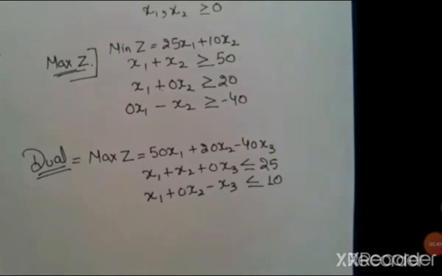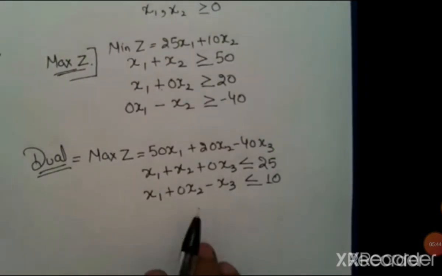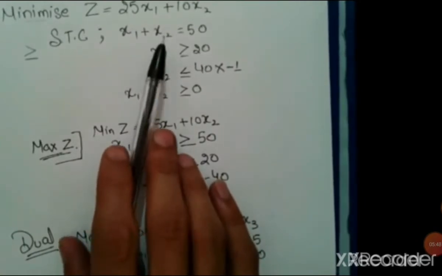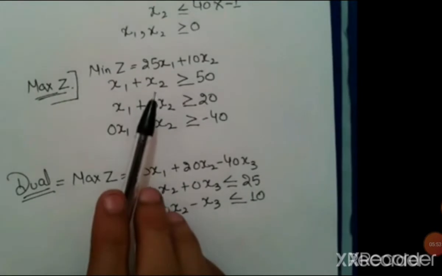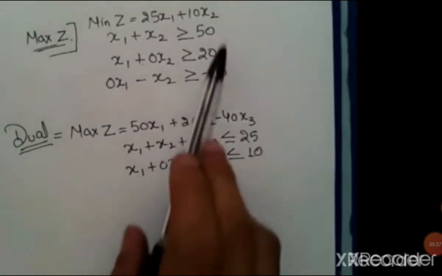The right hand side becomes the objective function and the objective function becomes the right hand side. The sign is greater than or equal to for minimization and less than or equal to for maximization. So this is the dual of the primal problem.